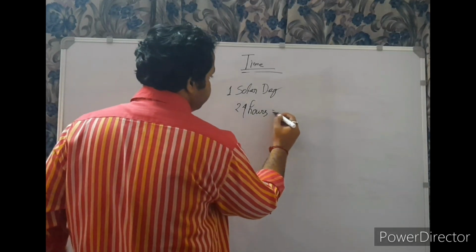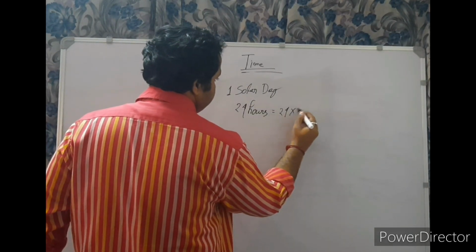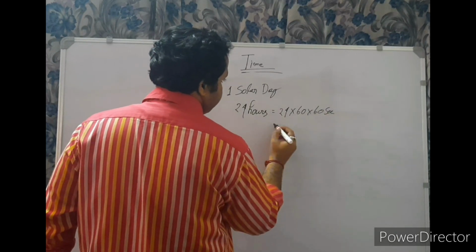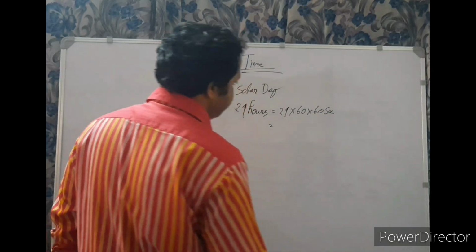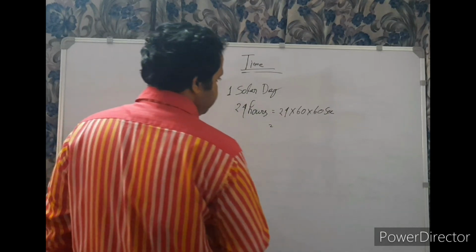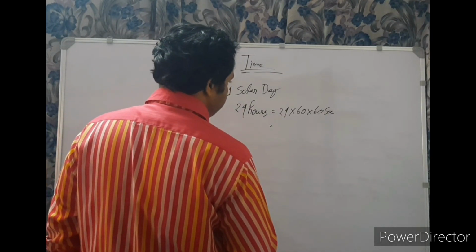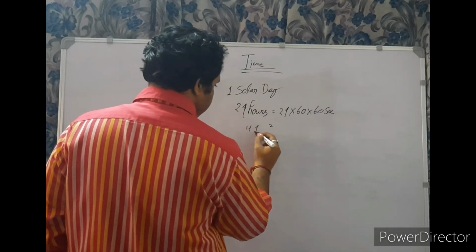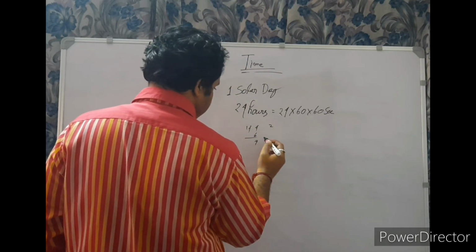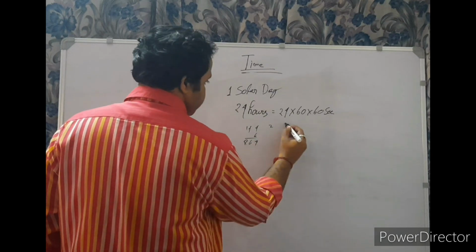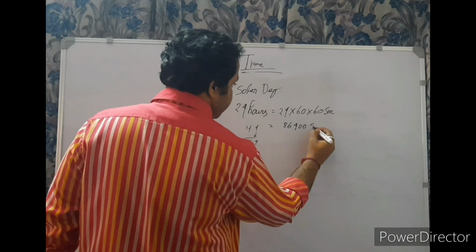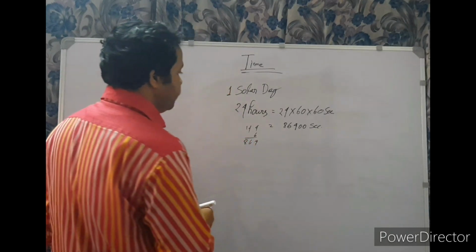So 24 hours is 24 into 60 into 60 seconds, right? So it is 86,400 seconds.